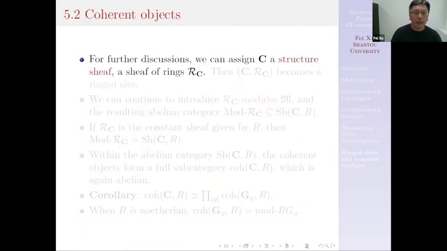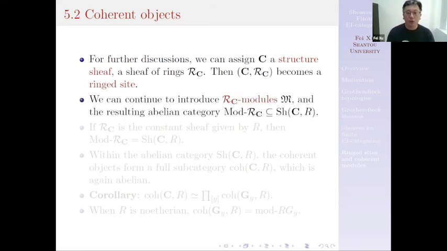So in the end, I'm going to say a little bit more about finitely generated modules. So here in the sheaf category, we have to consider coherent sheaves. But I probably don't have time to go over the definitions. In order to do so, you have to introduce a structure sheaf and ringed site, things like that. And then you can consider the modules over the structure sheaf.